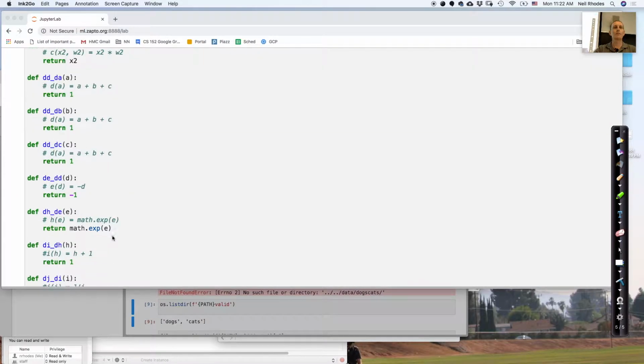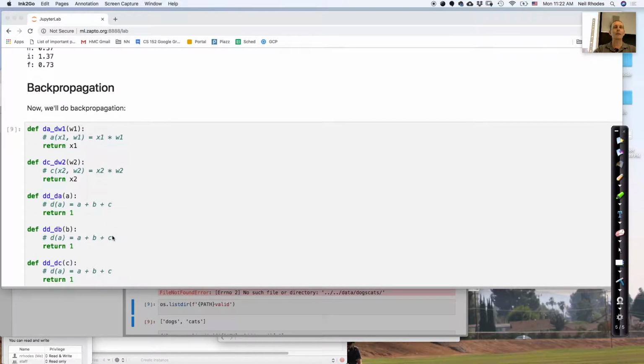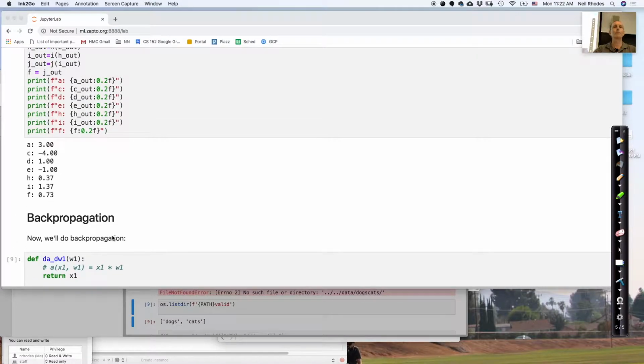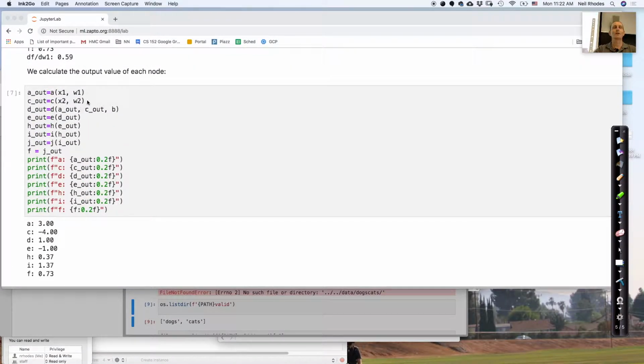And so for the forward propagation, right, the forward pass, I just went through and calculated for every one of them. You know, a out is a of x1, w1. Because we can't have a function with the same name as the variable, I called it a out as the output of the function a. And the good news is, of course, we come up with a 0.73.